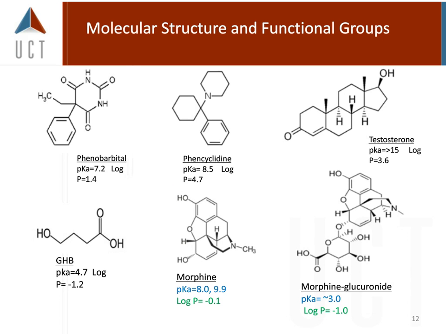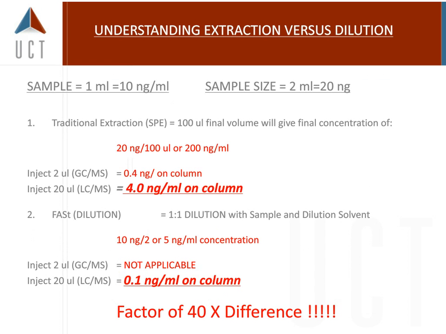And here's just a few more slides, again, looking at the various different structures, the different functional groups, functionalities, what would make a molecule polar: more charge, more oxygen functional groups would make something more polar. And we have to be cognizant of that when we're choosing our solvents. And again, if something is more polar, where is it going to chromatograph when we do our LC chromatography? How can we relate that back to the solid phase extraction?